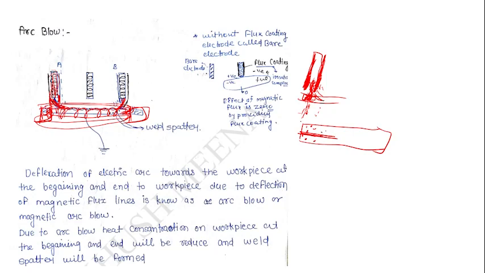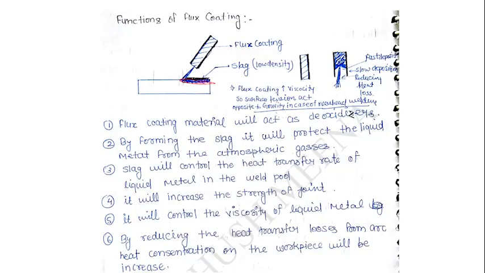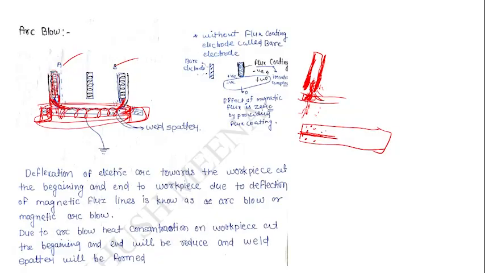Ma'am, what have you written on A and B? Is it a different position? Yeah, this is the beginning and this is the end. Okay, now we will see the function of flux coating. Ma'am, the direction is changing at the initial position and end position. The filler material is getting attracted to it, isn't it? Why here is it attracting and here it is attracting?